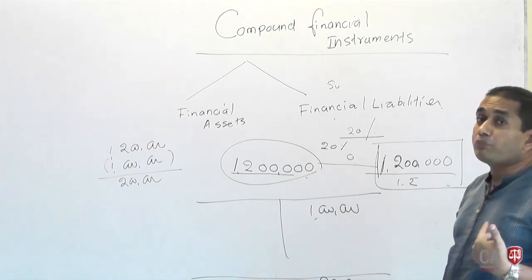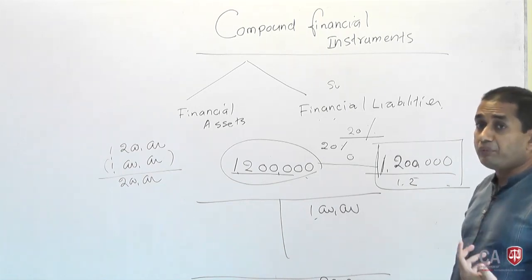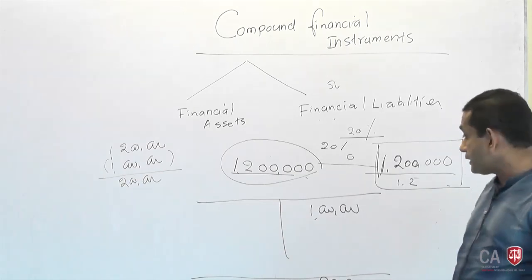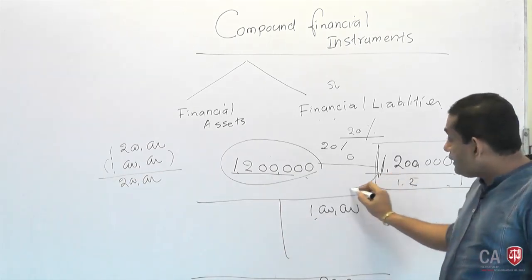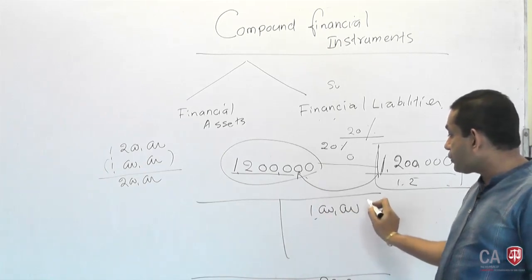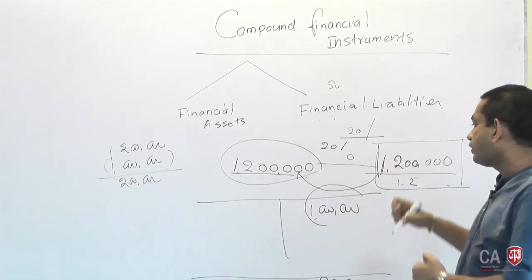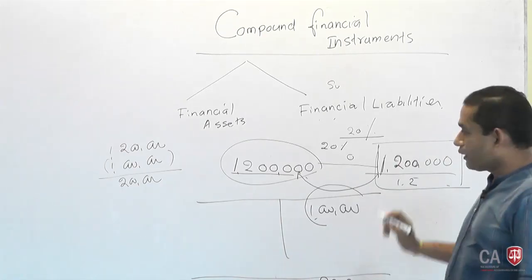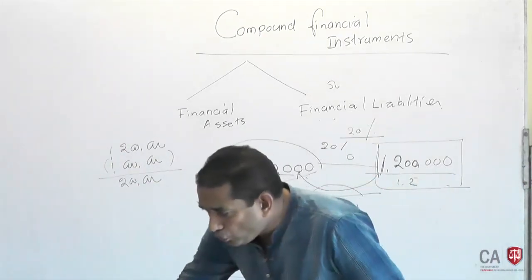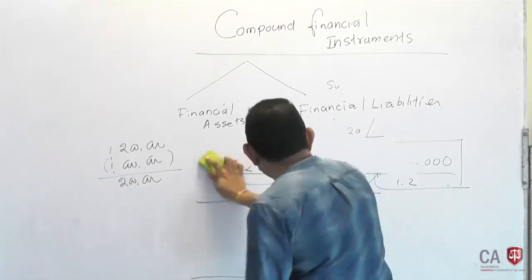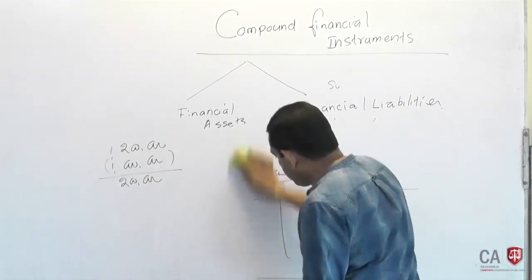This is a present obligation to transfer economic resources arising from a past event. To convert that into a present obligation, you need to discount it by the rate. It is not just any rate, it has to be discounted by the market rate, giving 1 million. Then how do we measure the equity component? Again the conceptual framework.